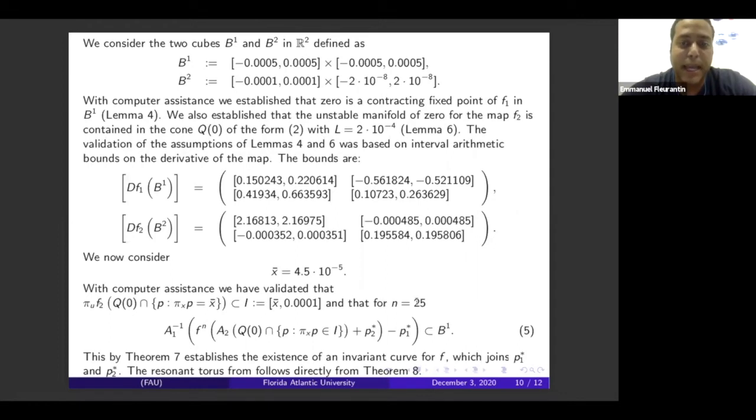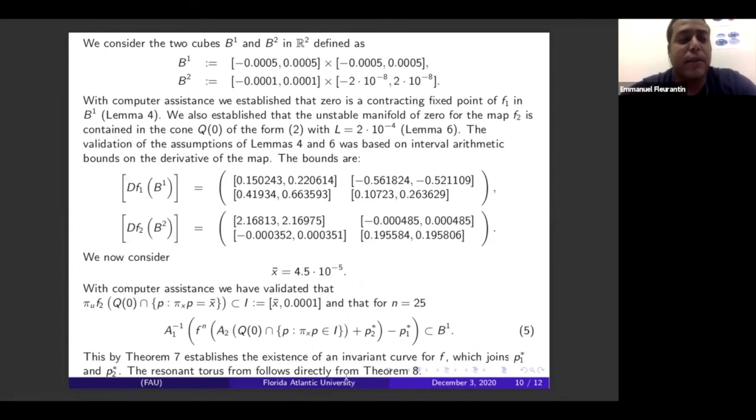And then picking n equals 25, we propagate the set around inside the unstable cone, and then it gets caught in the basin of attraction of our fixed point. And then this, by theorem 7, established the existence of an invariant curve of F, which joins P1 star to P2 star, and of course we get the resonant tori by simply integrating that curve under the flow.